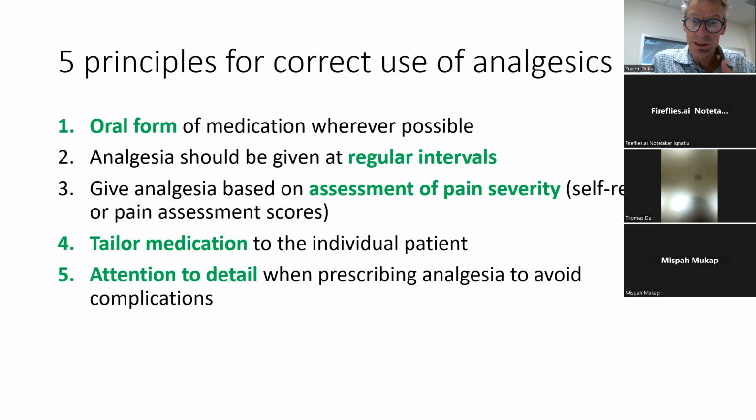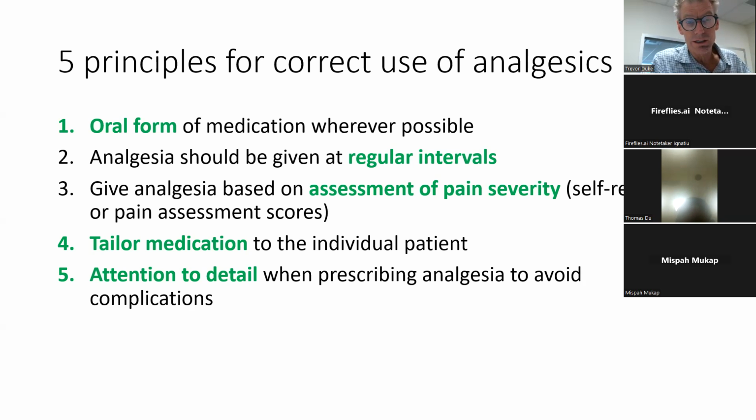So it's actually better to be giving it at regular intervals until the pain has subsided, rather than to wait for the child to get pain and then give them some analgesics, because it won't work as well. They'll already be emotionally distressed and upset from the pain, and they'll take longer to get some relief.